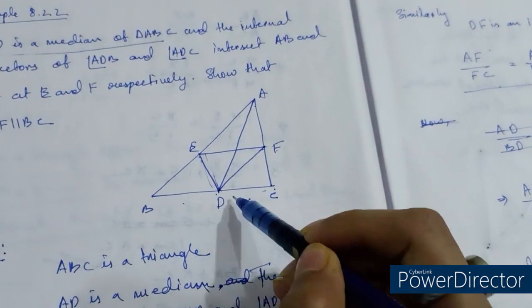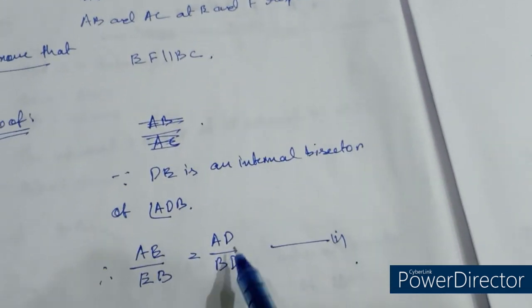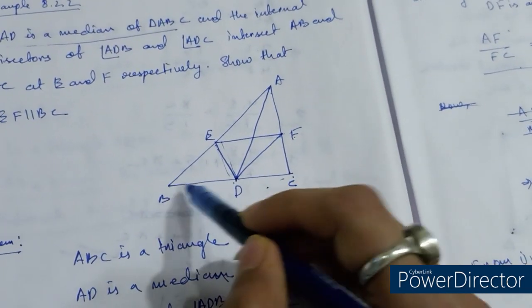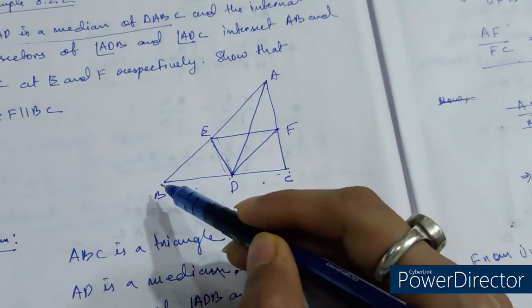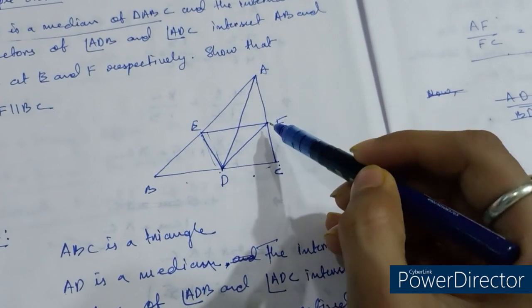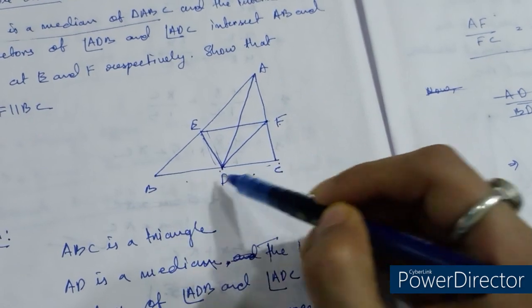Now AD by BD is equal to AE by EB, which I said already, and here I got AF by FC is equal to AD by BD.